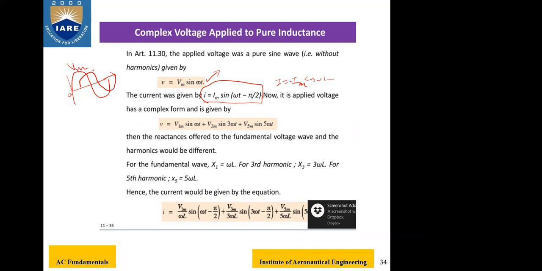So this will be the current waveform Im. Just remember that for a pure inductive coil, if an AC voltage is given, the current waveform is lagging by 90 degrees.